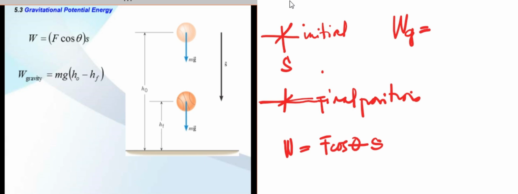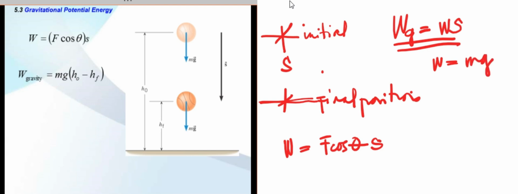Therefore, the force acting on the object is just its weight times its displacement. But weight is equal to mass times gravity.